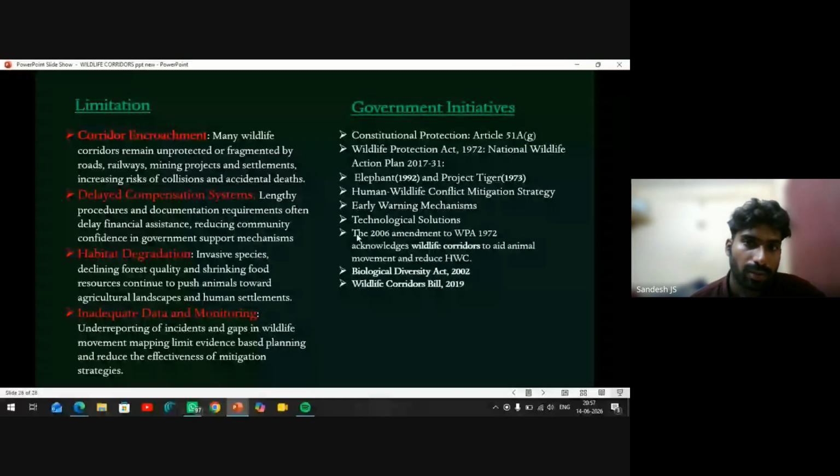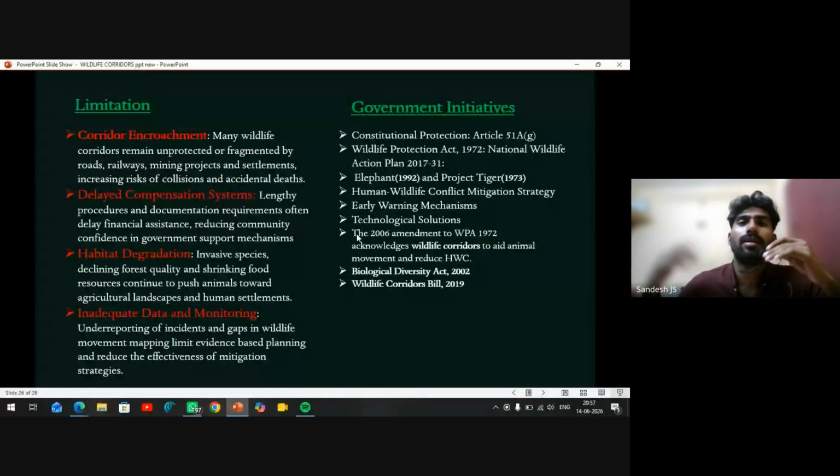Human-wildlife conflict mitigation strategies include early warning mechanisms like solar alarm repellers, AI-enabled camera traps, seismic sensors and thermal sensors, which can detect any wildlife movement in human settlements and give an SMS alert to the people living near the area where the animal has entered, so they can stay indoors and prevent the conflict.